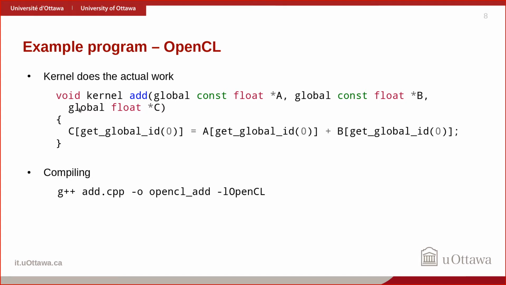So void kernel, and then the name of your function, and then the parameters that you want to work on. In this case, it adds two vectors.